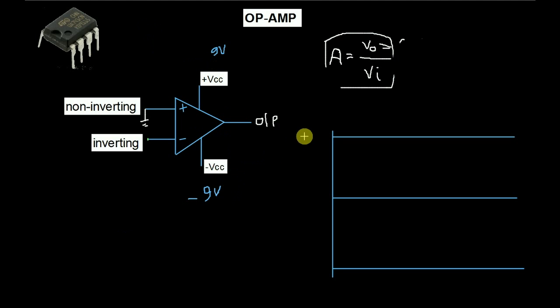So consider that we have used a 9-volt source for the biasing voltage. So this is the plus 9 volt, and this is the minus 9 volt, and this is the 0.